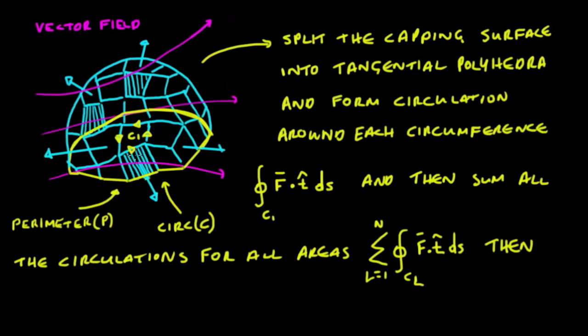If we were to look at this little path here, and then add on the circulation around this little path here, well, the adjoining path is going to have equal but opposite circulation, so the adjoining path won't add any value to the overall circulation.